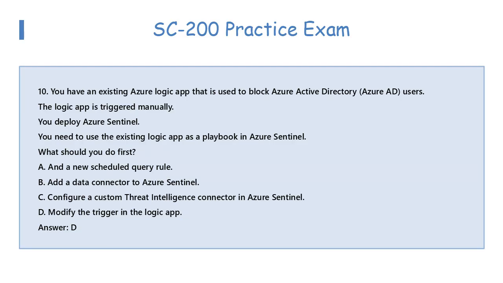What should you do first? A. Add a new scheduled query rule. B. Add a data connector to Azure Sentinel. C. Configure a custom threat intelligence connector in Azure Sentinel. D. Modify the trigger in the Logic app. Answer: D.